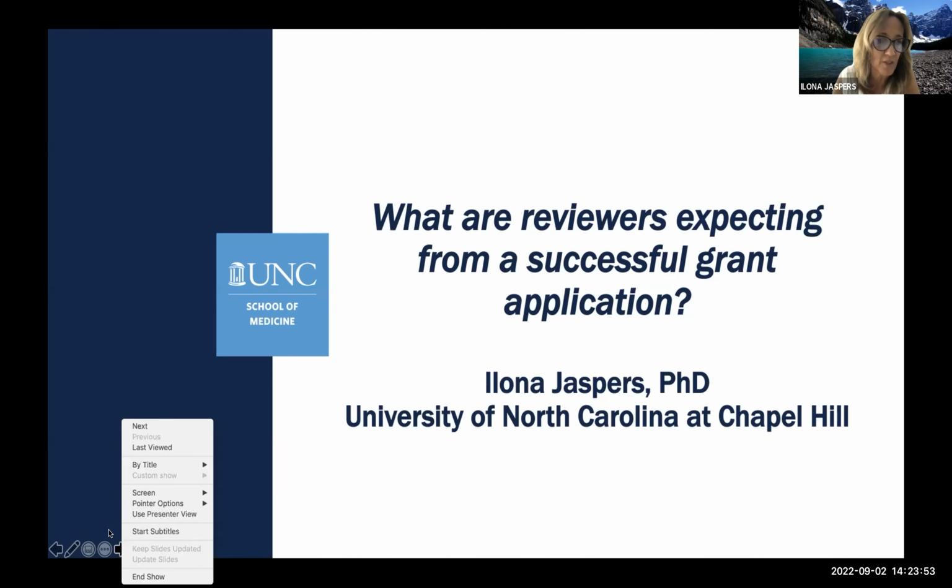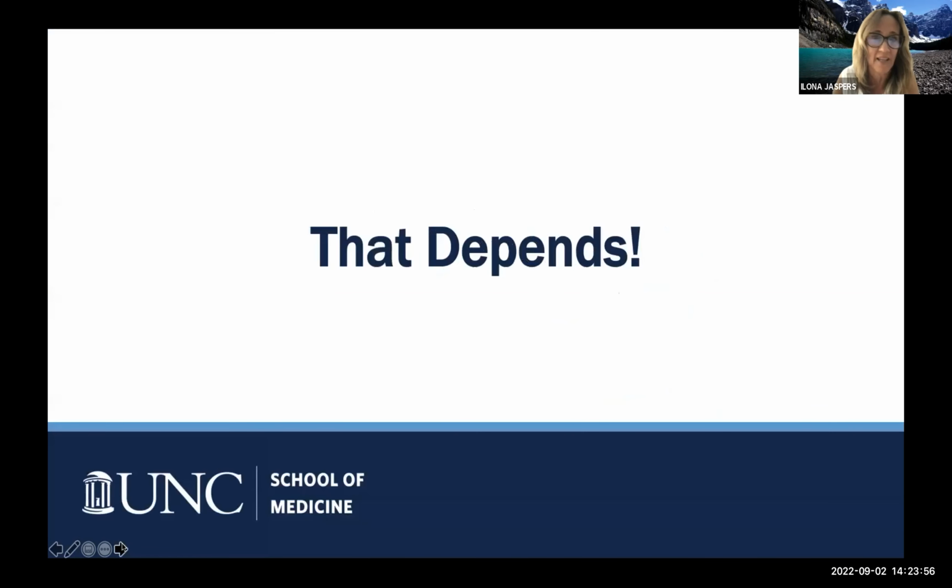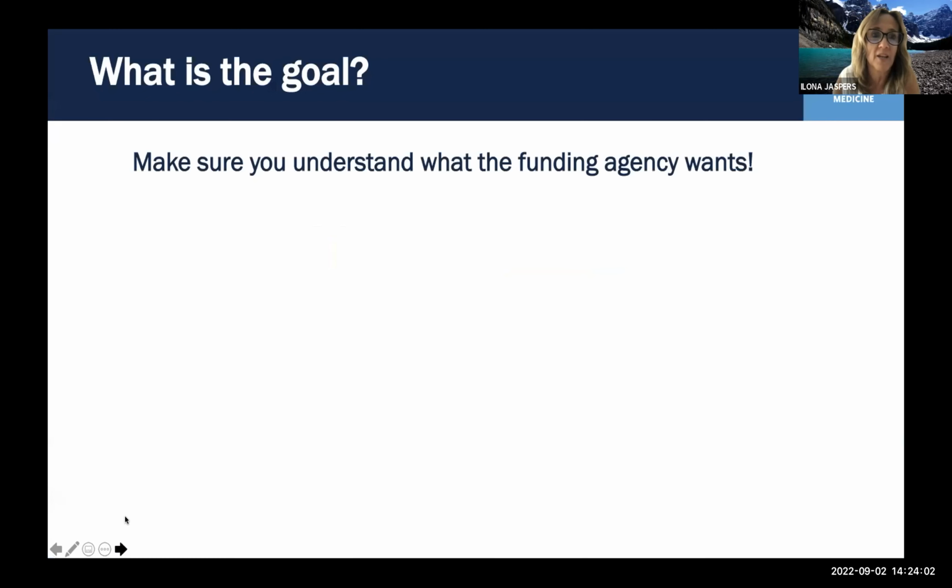So what do reviewers expect? That really depends on a number of different factors. It really depends on what the funding agency wants, and this is really, really important. Most of us probably go towards NIH, but I think the question we had at the end of the previous talk already alludes to that.